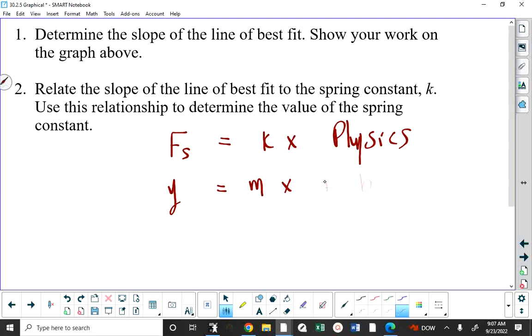This is very tricky and subtle. I put the plus b in a very faded, hard to see ink because there shouldn't be a b here, right?